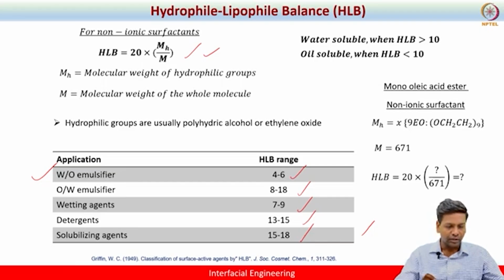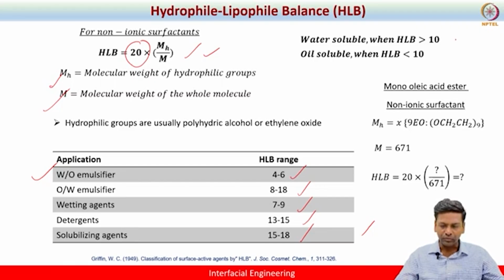Okay, and so this MH represents the molecular weight of the hydrophilic group, and the M represents the molecular weight of the whole molecule. This multiplication factor 20 is used so that whatever you calculate is an integer value between 0 to 20.